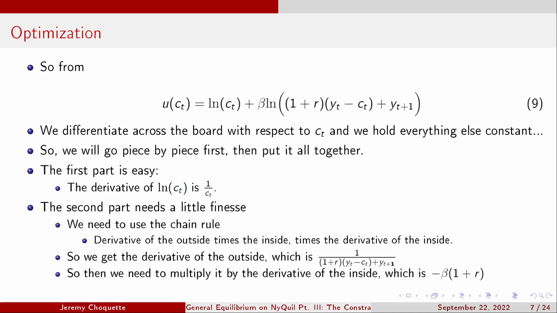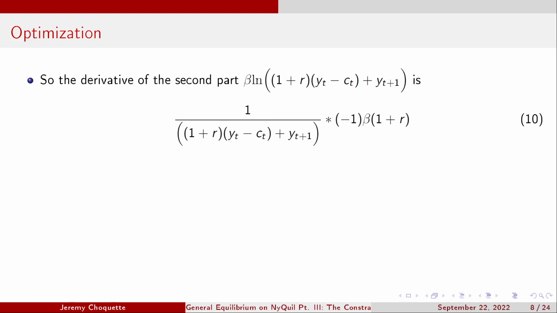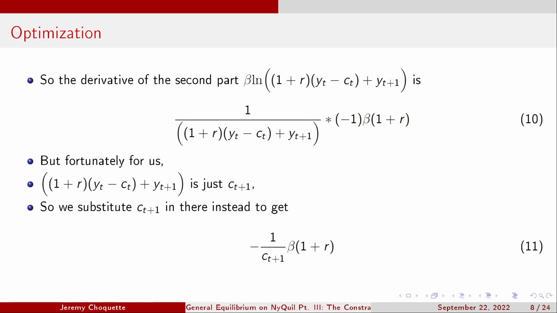Then I multiply that by the derivative of the inside, which is negative beta times (1 plus r). Fortunately, what I have in those parentheses in the denominator is just C_{t+1}, so you can substitute C_{t+1} back in, and you get negative 1 over C_{t+1} times beta times (1 plus the interest rate).